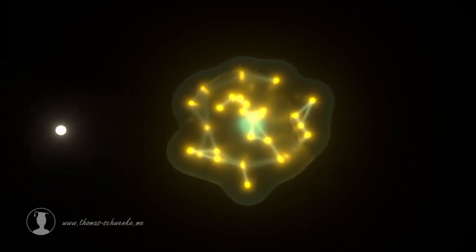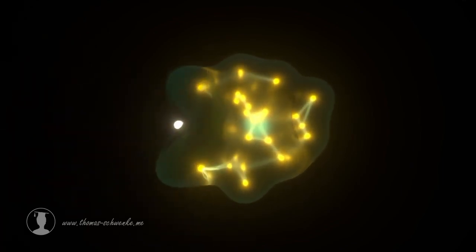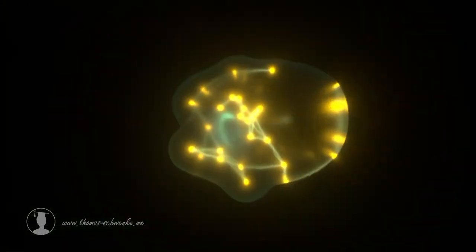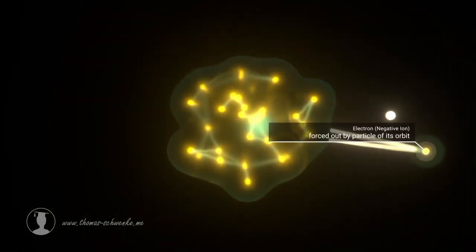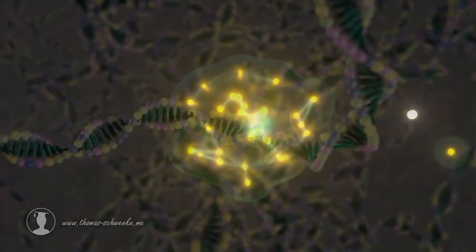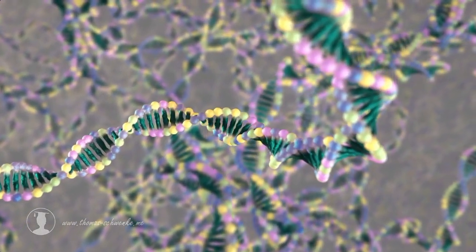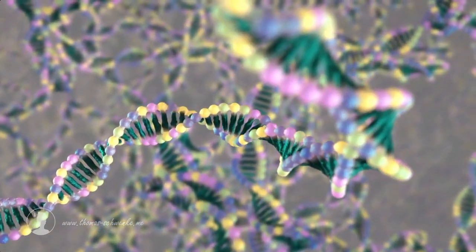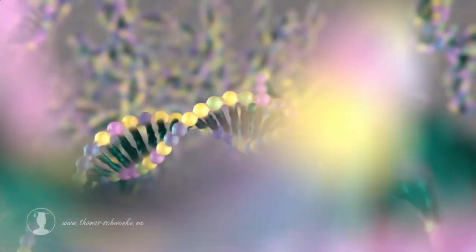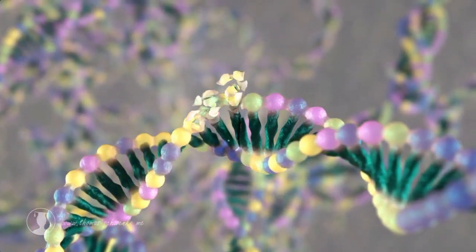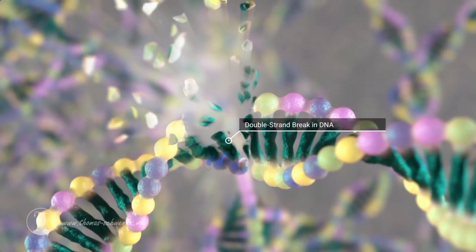Radioactivity is dangerous because certain substances emit small, fast particles. These particles can knock electrons off other atoms. Our DNA is also made up of atoms. Indirectly or directly, this ionizing radiation can cause breaks in our DNA.